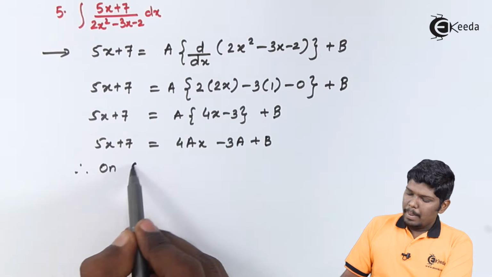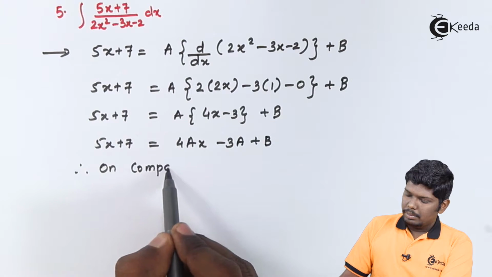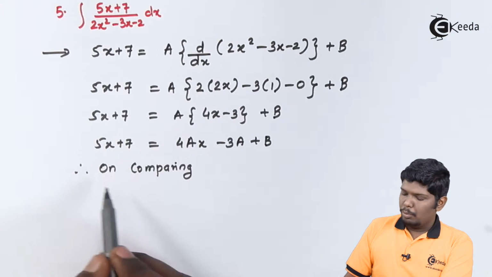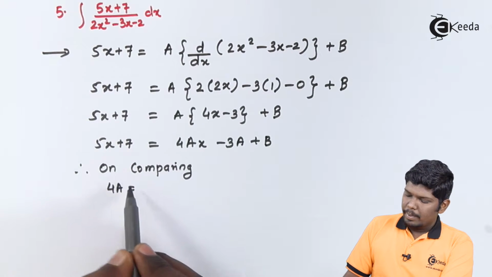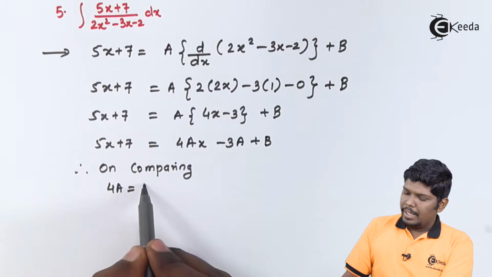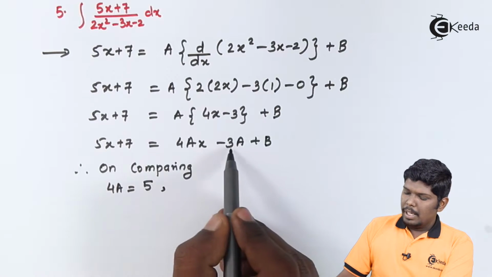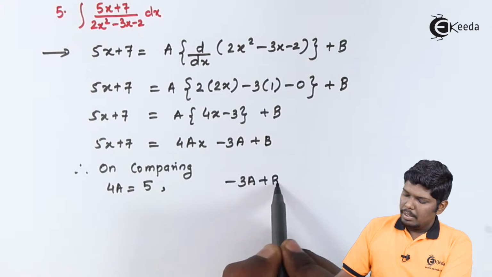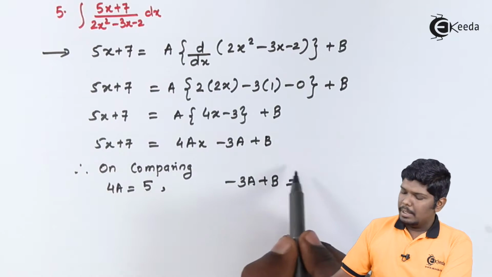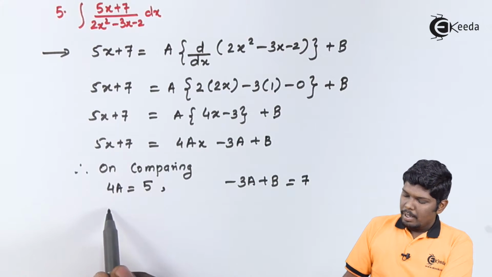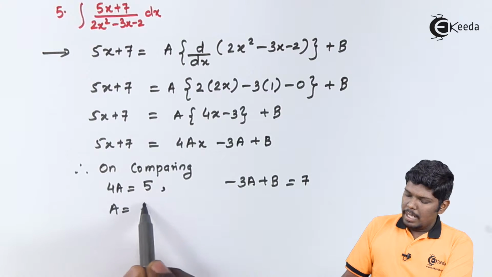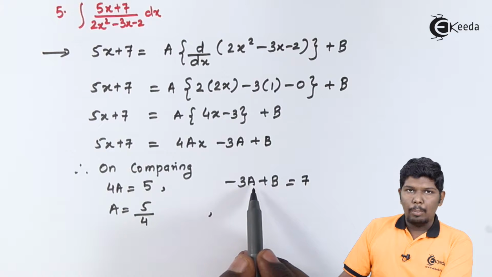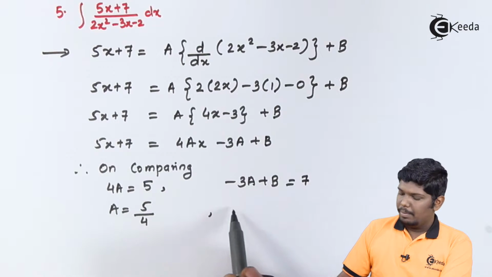Therefore, on comparing, you can see the coefficient of x is 4a and the coefficient of x on the left hand side is 5. Similarly, the constant part is minus 3a plus b and here the constant part is plus 7. Solving first equation, we have a as 5 upon 4 and substituting a as 5 upon 4, we can find the value of b.